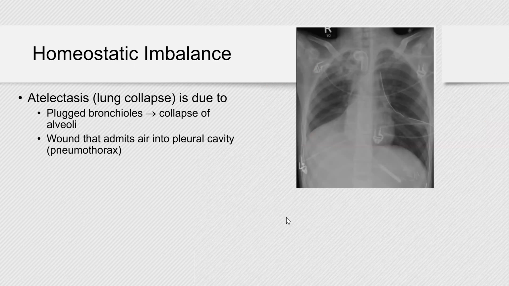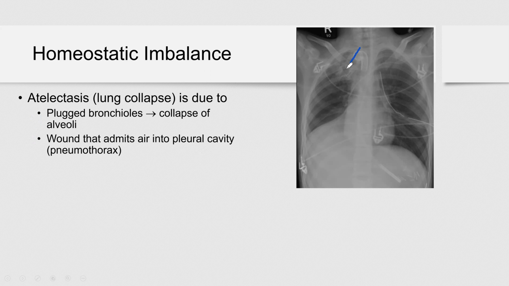Now, here are some homeostatic imbalances. First is atelectasis. Atelectasis is lung collapse. Why your lung will collapse can be because of different reasons. For example, you have plugged bronchioles, or you have a wound that admits air into the pleural cavity.